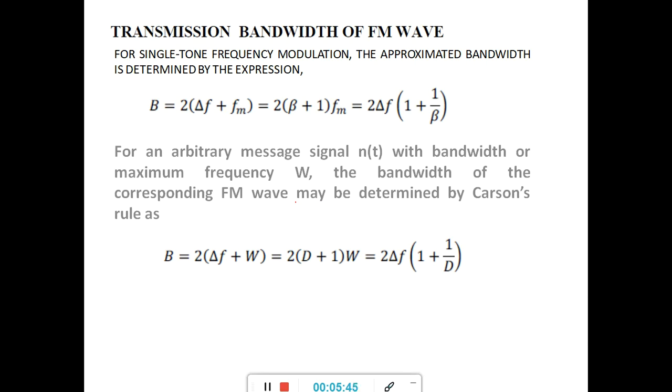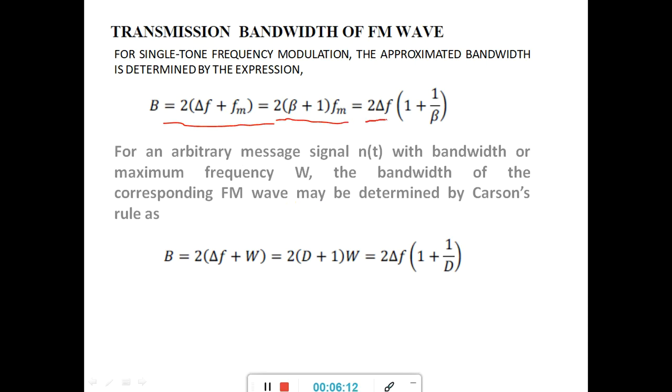So using thumb rules, we try to determine the FM bandwidth. For single tone frequency modulation, the approximate bandwidth is given by B equals twice of delta F plus fm, or twice of beta plus 1 into fm.